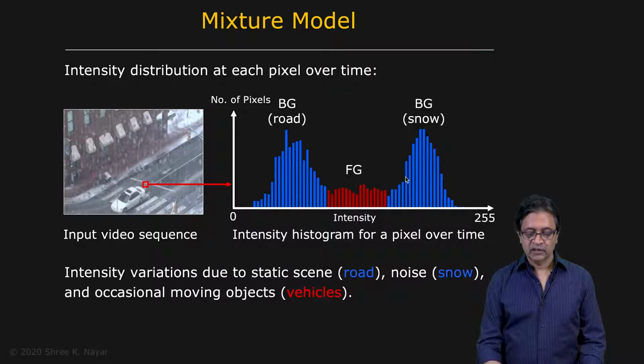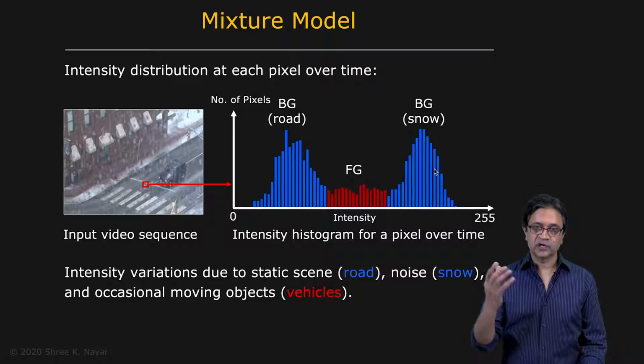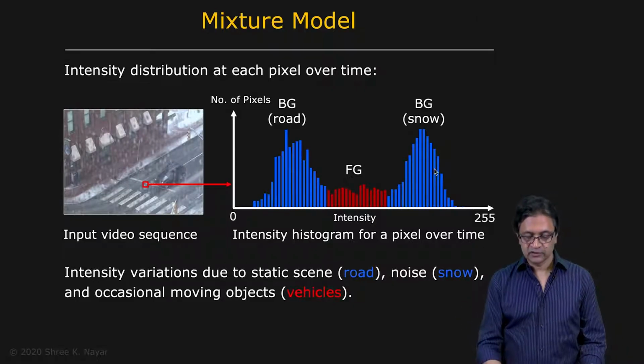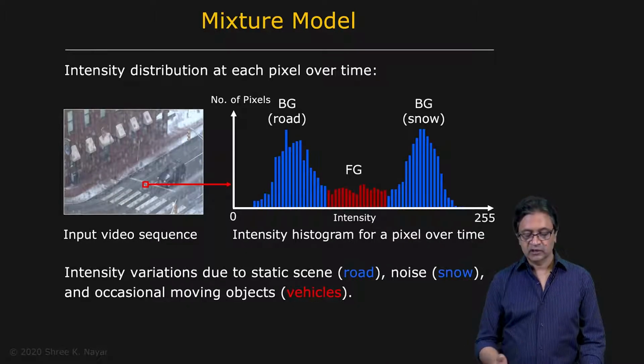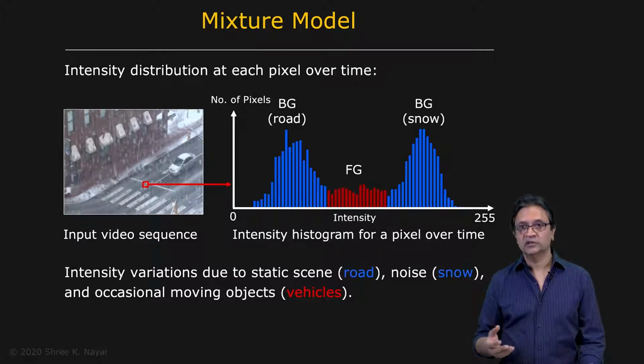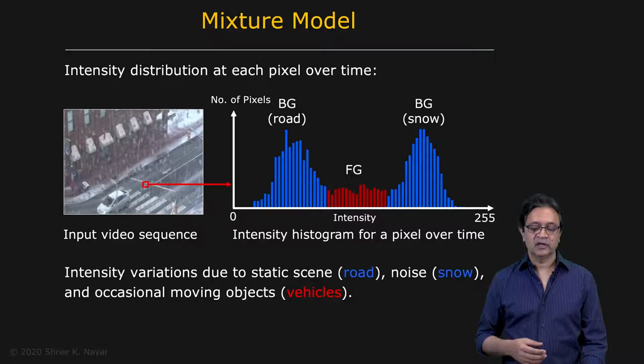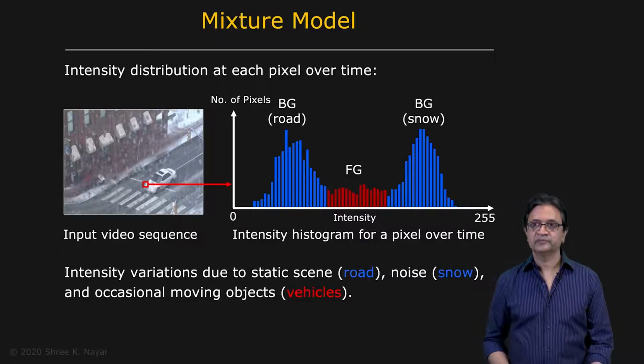And this one is due to the snow, which are these bright values that are passing through the pixels. And then you have the occasional car that passes through, and that's what produces this distribution right here. So intensity variations due to the static scene and noise are colored in blue, and then you have the occasional moving object or vehicle, which is shown in red right here.